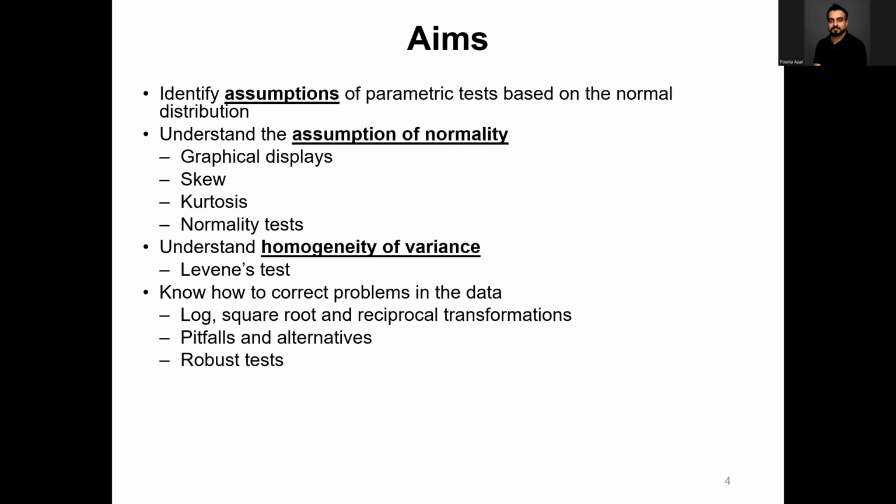So let's go back to the aims. In this module, we will talk about the assumption of normality. And when we say assumption of normality, we can examine this assumption by using different methods like graphical displays, like using histograms or some kind of box plots.